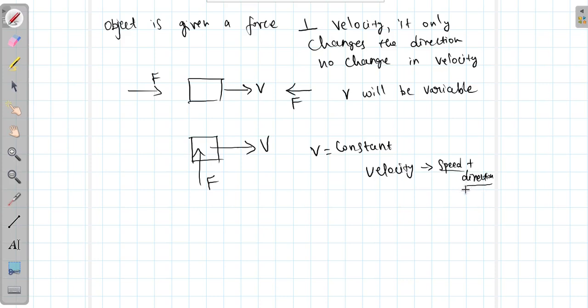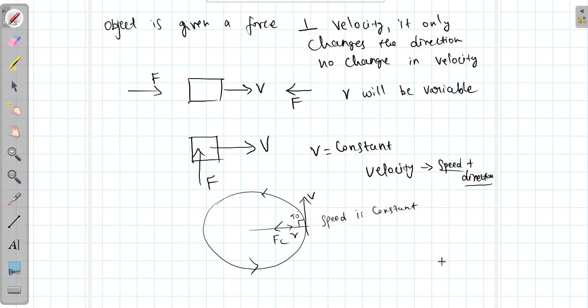For objects moving in circular motion, velocity is perpendicular to the centripetal force as well as the radius, 90 degrees here. Here speed is constant. So these are very small pieces of information required for solving some problems.